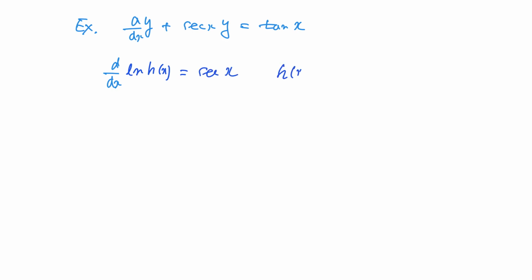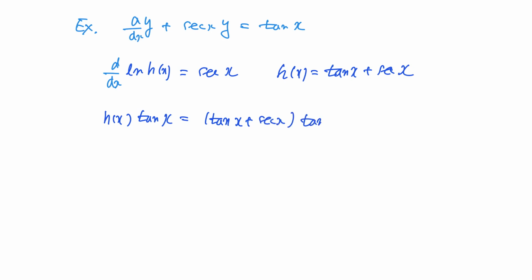Therefore h(x) is tangent x plus secant x. h(x) times tangent x is tangent x plus secant x times tangent x, tangent squared x plus secant x tangent x.